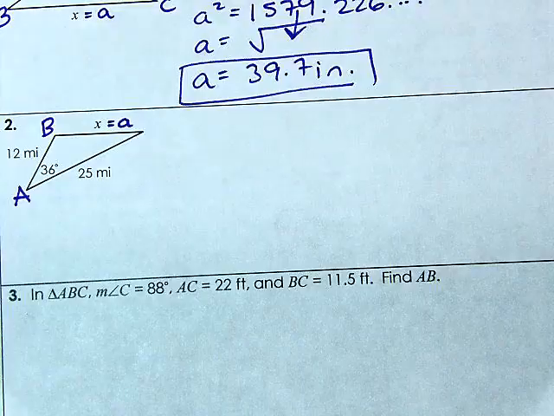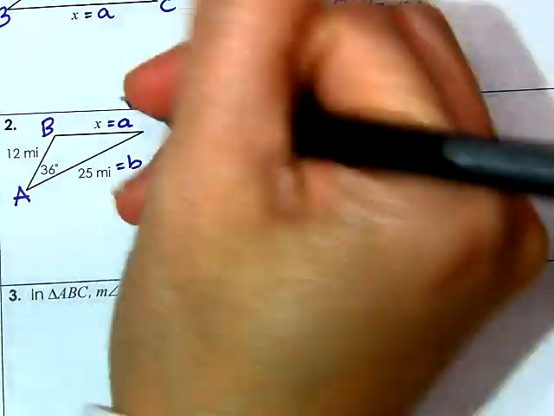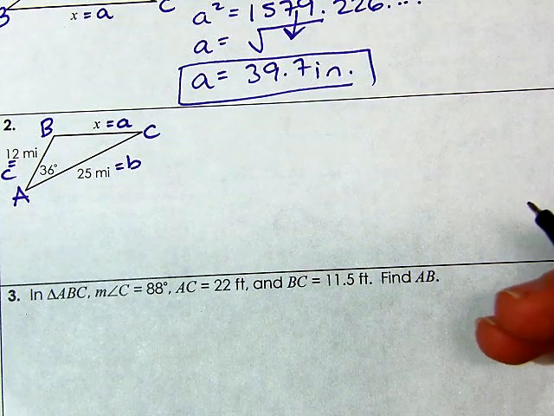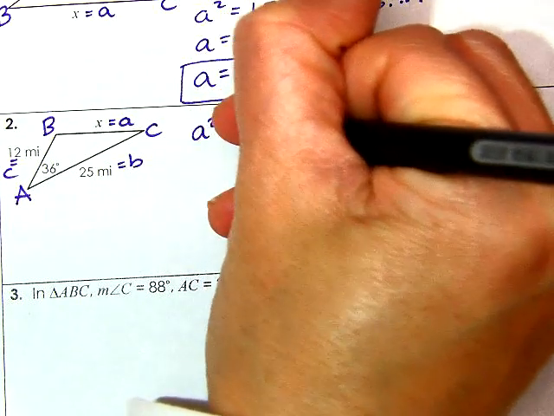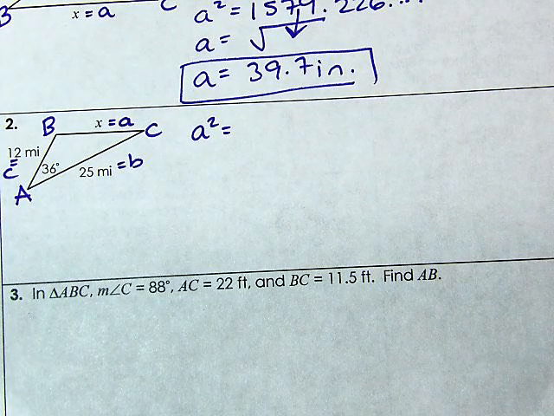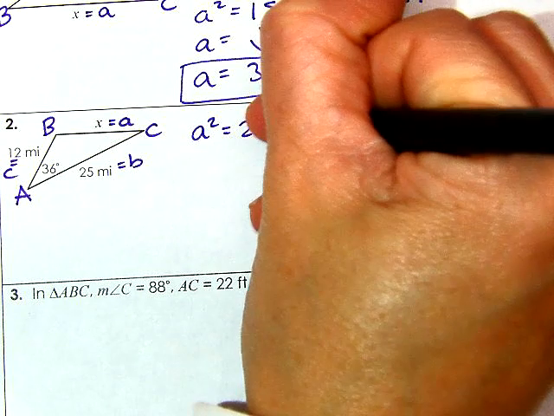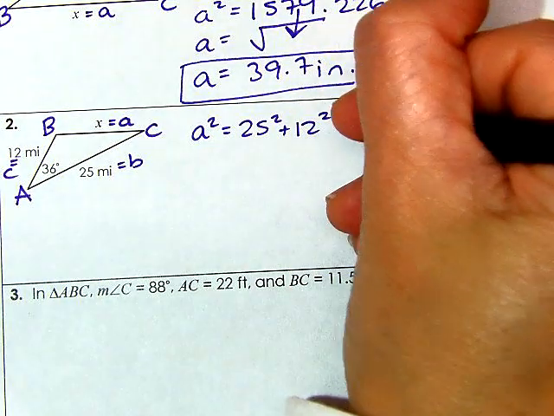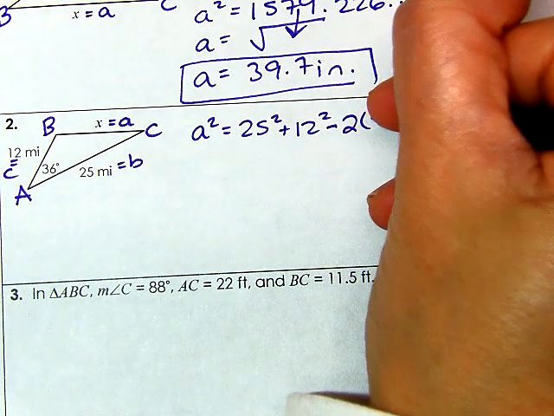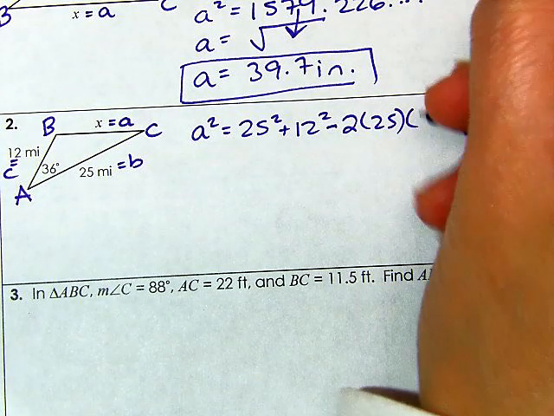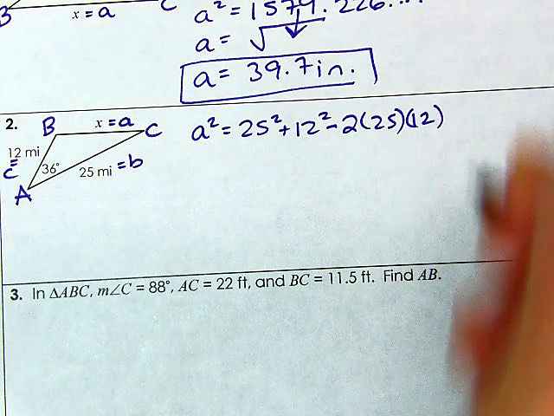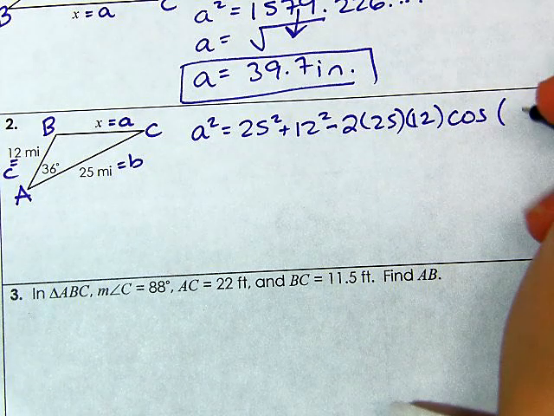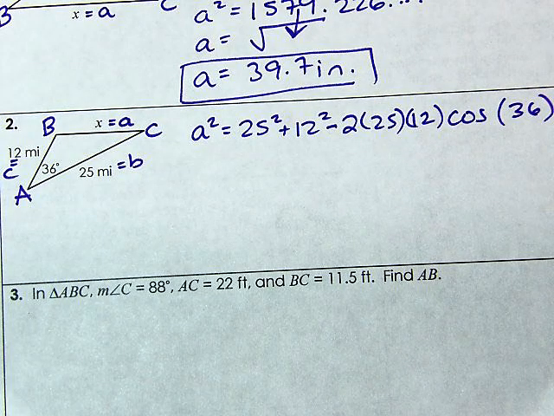So I'll go ahead and say angle B and side B and angle C and side C. So plugging numbers in, I get that A squared, or my missing value, is going to be equal to B squared, which is 25, plus C squared, which is 12, minus 2 times side B times side C times the cosine of angle A, which is 36 degrees.